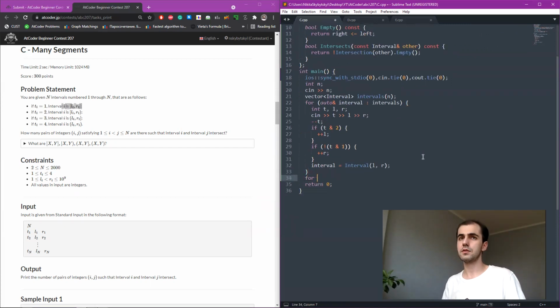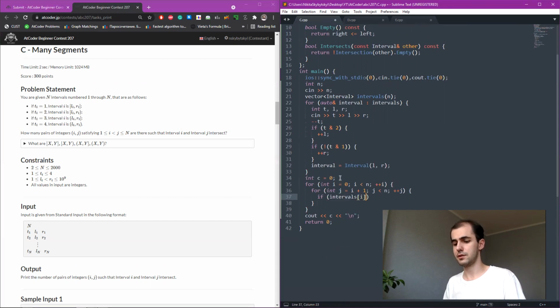Now the naive solution works because n is relatively small. So you're going to count how many intersections I have. J is greater than I, so the pairs are ordered. If intervals at I intersects intervals in J, the count is positive.